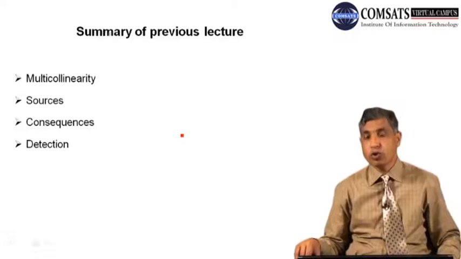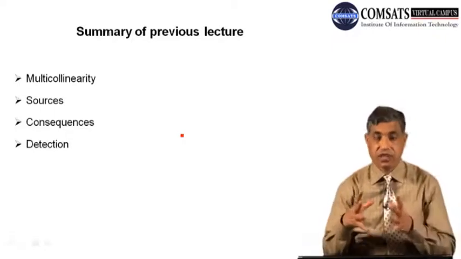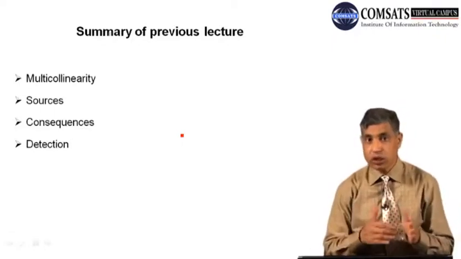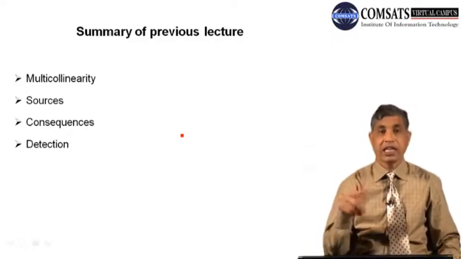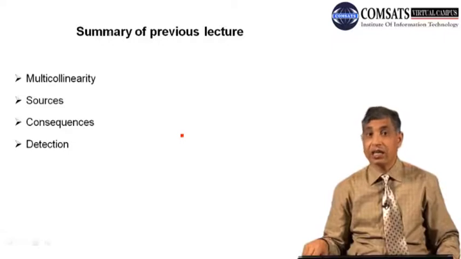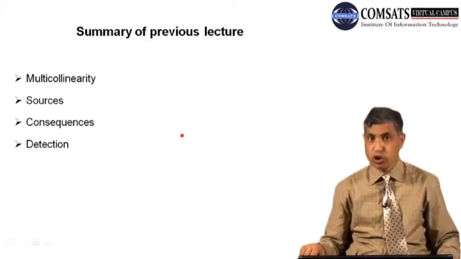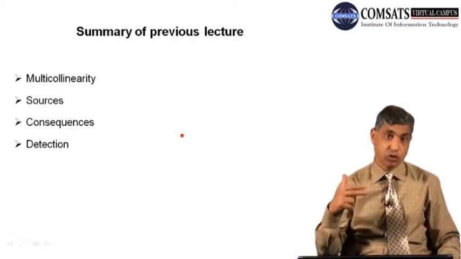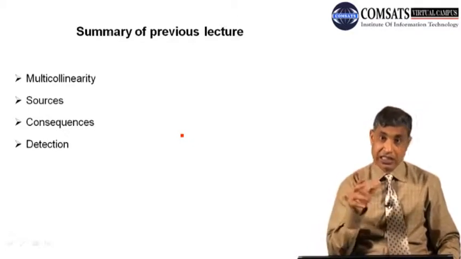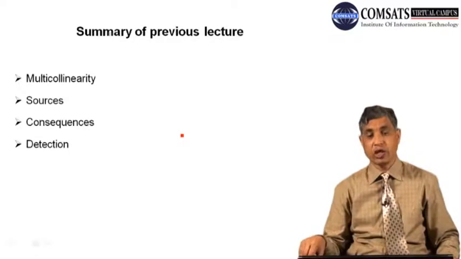We talked about only two methods so far. The first is the simple guess: if you see that the R square is very high, but on the other side the t statistics are insignificant, you should immediately suspect that there is some problem of multicollinearity.